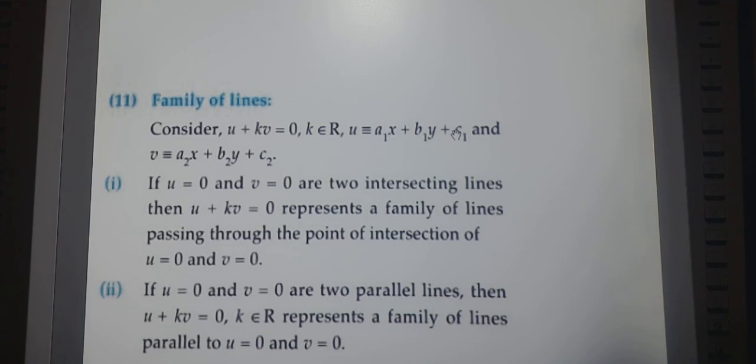Then when we have to find equation of line passing through intersection of these two lines, then we have to consider this form u plus kv equals to 0. This is for family of line.